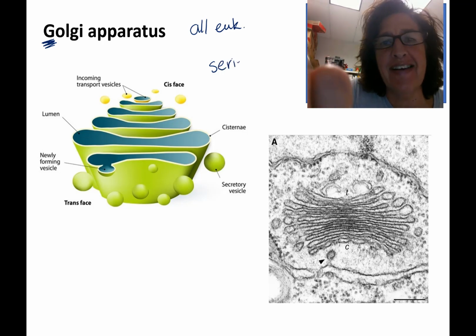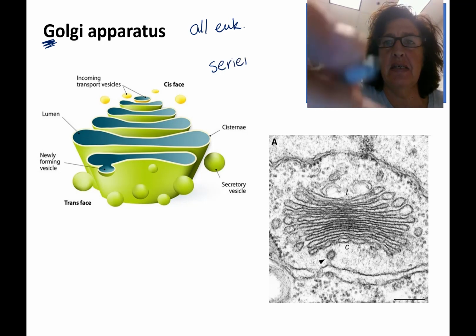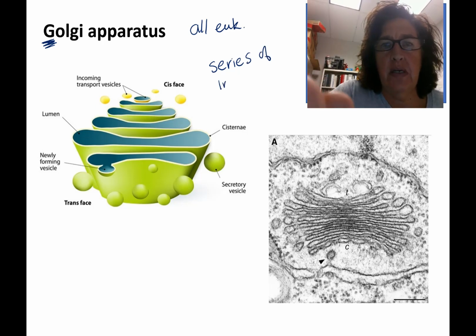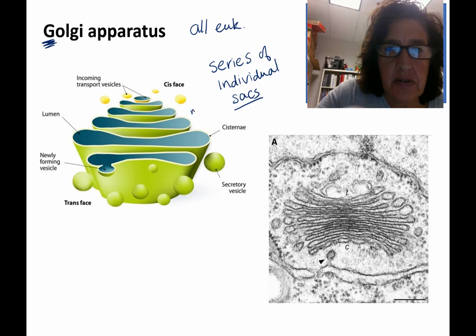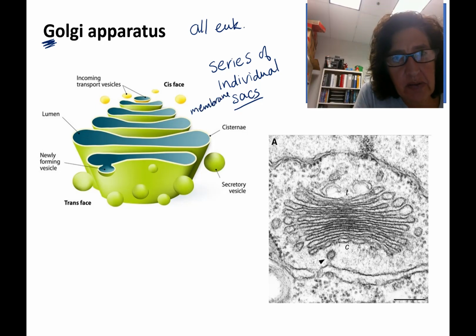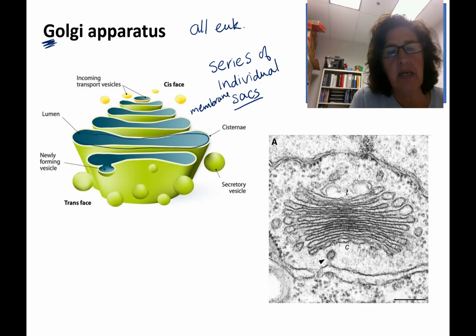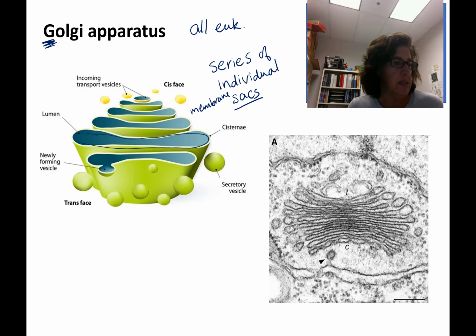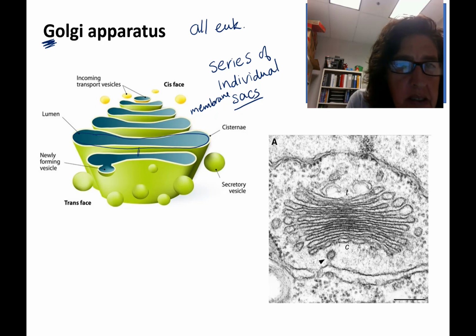Series of individual sacs, or membrane sacs, I should say. Okay, so every line you see here, that's your membrane. And what I want you to see that's different is that these are not connected.